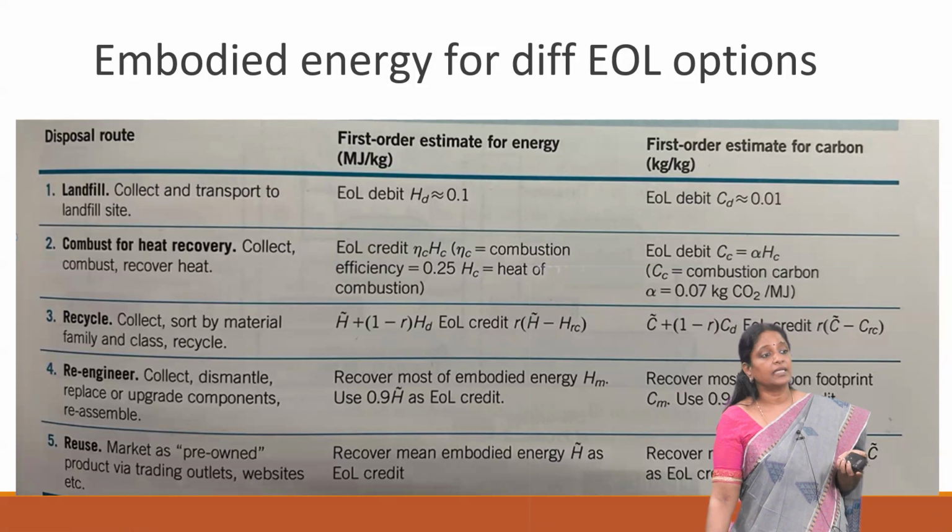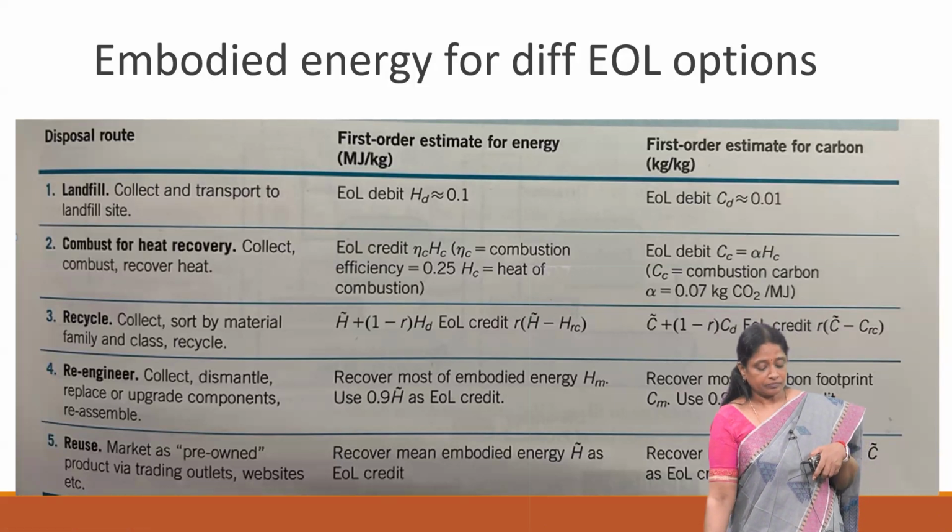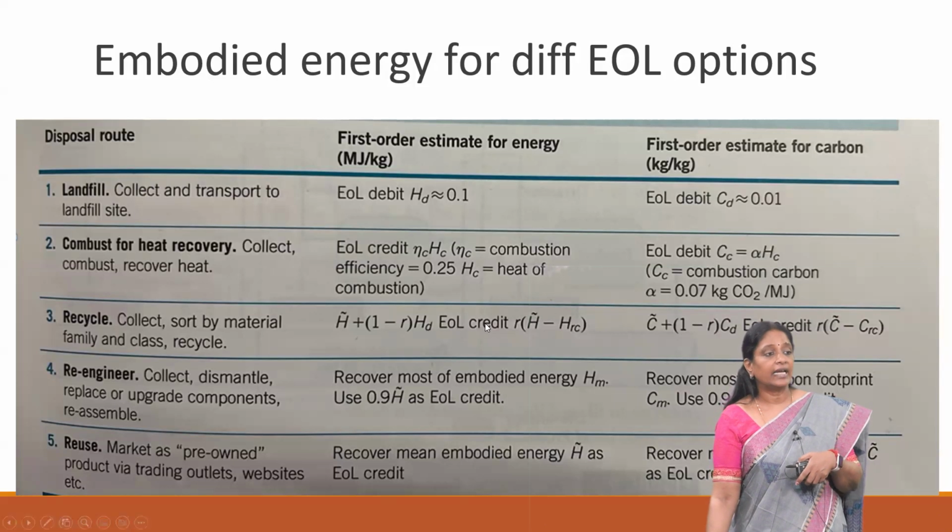R is the percentage which is recycled. Okay. And so you are getting back some of the embodied energy. So this R, which is the fraction of the material which is coming back, right? 1 minus R. End of the line credit.